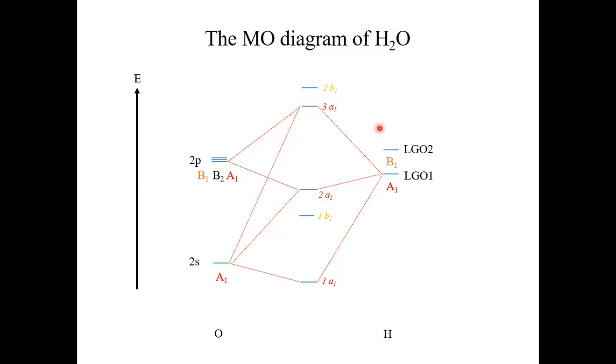So now you see that this 2b1 here is written energetically above this 3a1. Would we know that by qualitative inspection?